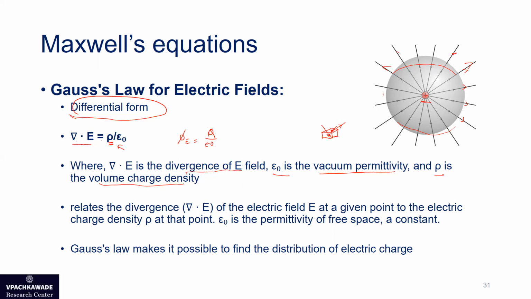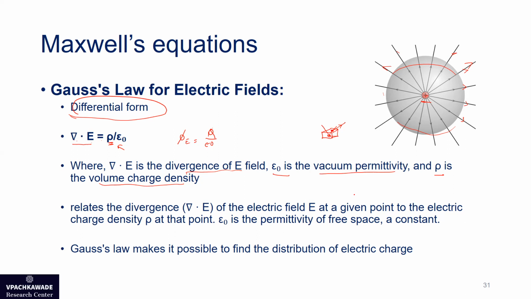That flux is proportional to the total charge enclosed in that volume. So this divergence, del dot E of the E field at any given point, the first law relates the divergence of the electric field at any given point to the total electric charge density at this point. And epsilon 0 is the constant permittivity of free space.